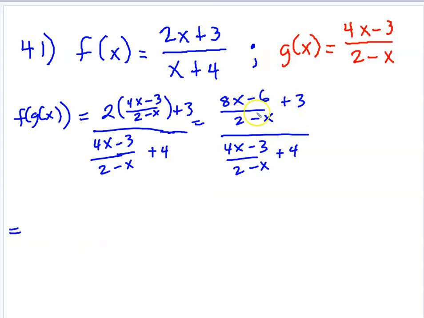This top fraction, our common denominator, is going to be 2 minus x. So dividing 2 minus x into 2 minus x, that's 1. 1 times x minus 8x minus 6. This is like dividing 1 into 2 minus x, and then you do 2 minus x times 3. So you divide the old denominator into the common denominator, and whatever that result is, we'll multiply times the numerator.